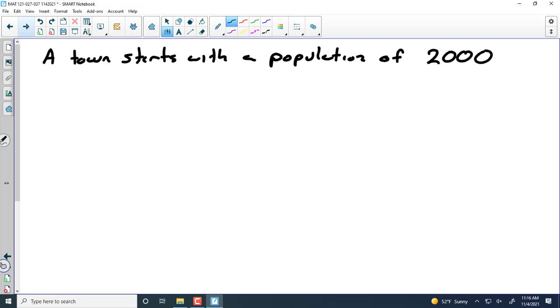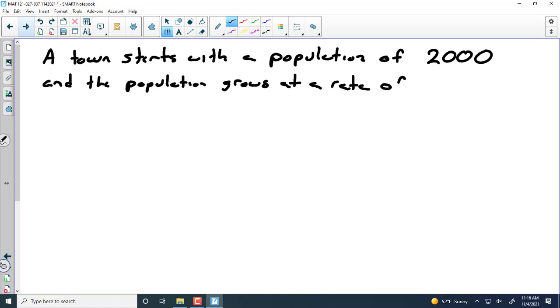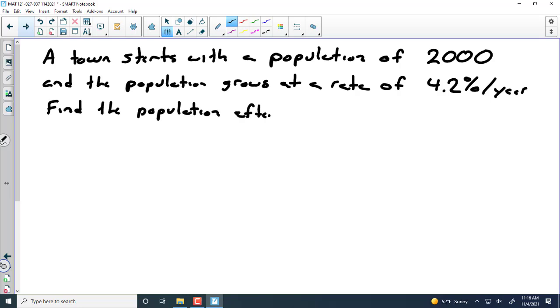Starts with a population of 2,000, and the population grows at a rate of 4.2% per year. Find the population after 5 years, after 20 years.